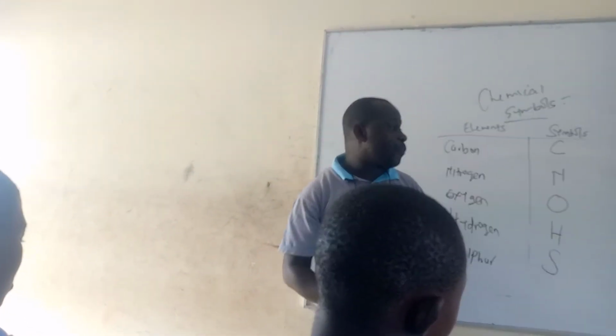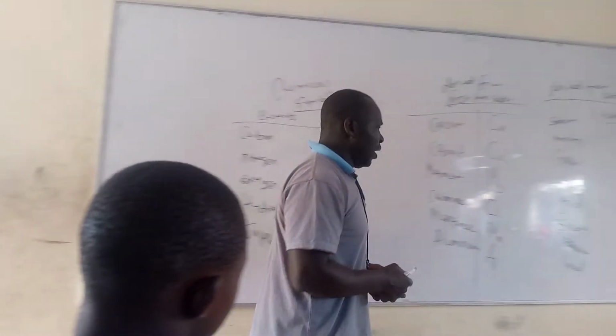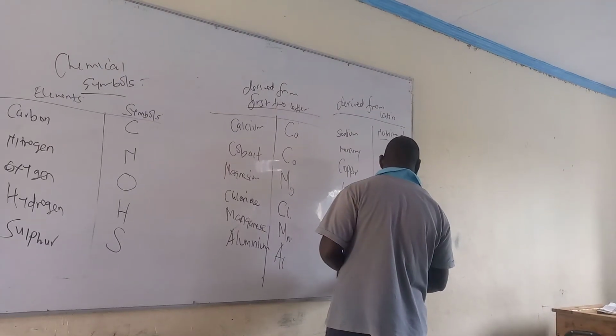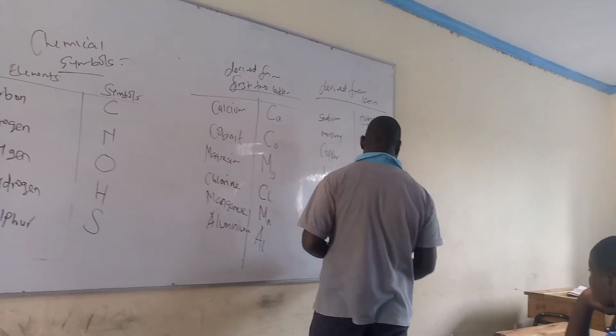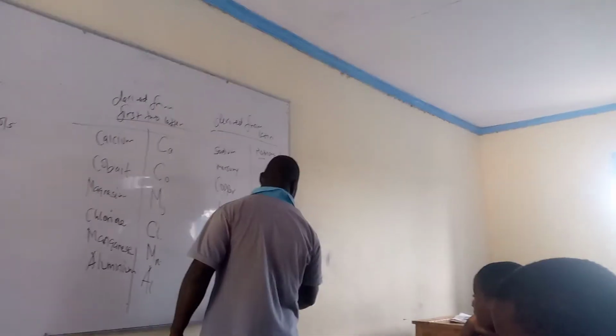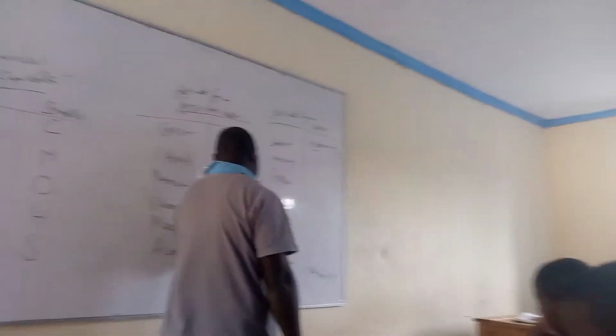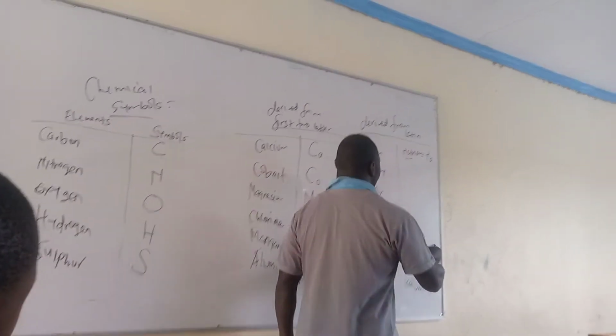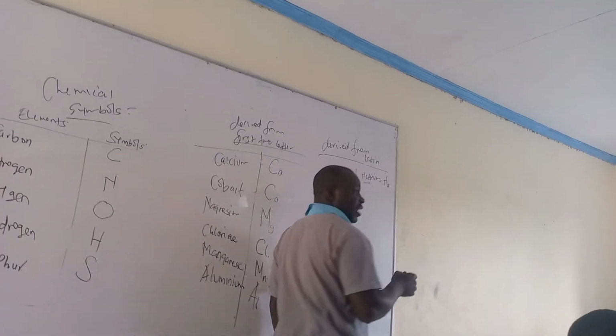Another one, we have potassium, which we derive from the Latin word kalium. And therefore the chemical symbol will be capital K. We have mercury, which is derived from the Latin hydrargyrum.